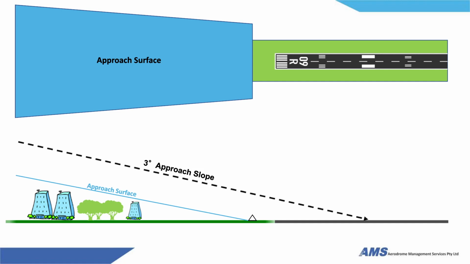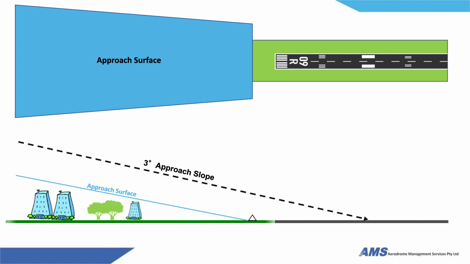We have a look at the side view. We have identified our 3-degree approach slope and our approach surface. We do have buildings, man-made structures and natural structures that sit below our approach surface, but our approach surface hasn't been infringed and therefore it's serviceable.